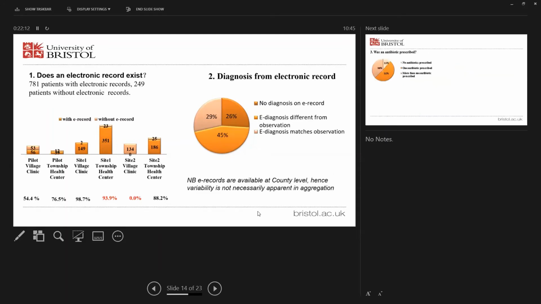The broader point in terms of the value of having observational and qualitative work going on at the same time as the epidemiological study was that these e-records are only collated at county level, and so this variability would not necessarily have been apparent had we done what initially my colleagues wanted to do, which is a large data download. So you'd simply collect all the records and be able to analyse them statistically.